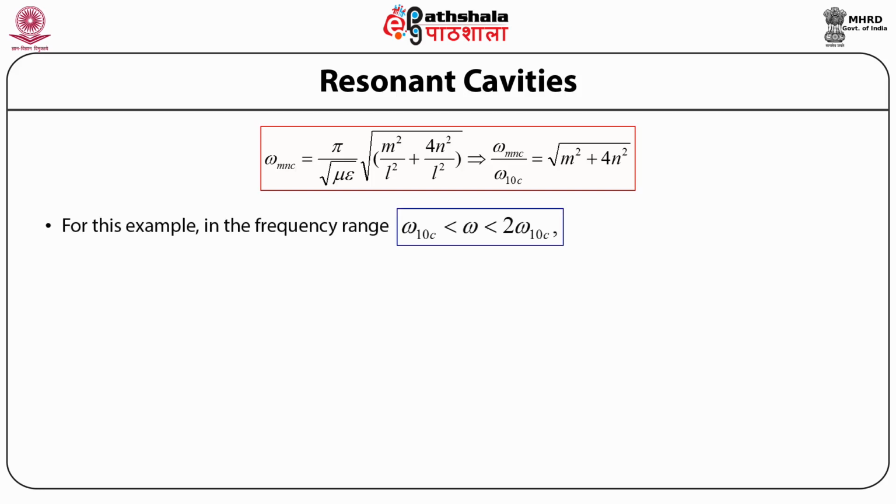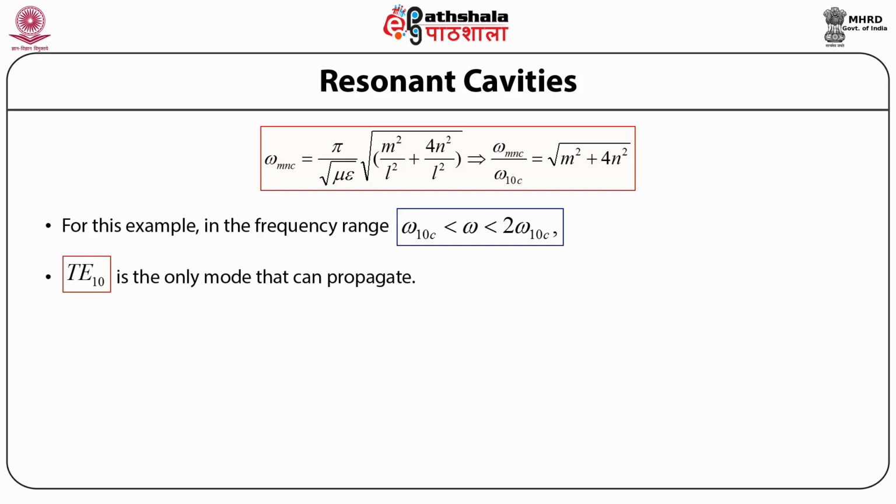And for this example, one sees that in the frequency range omega_10c < omega < 2 omega_10c, where omega_10c denotes the lowest cutoff frequency of the TE10 mode, only the TE10 mode can propagate.